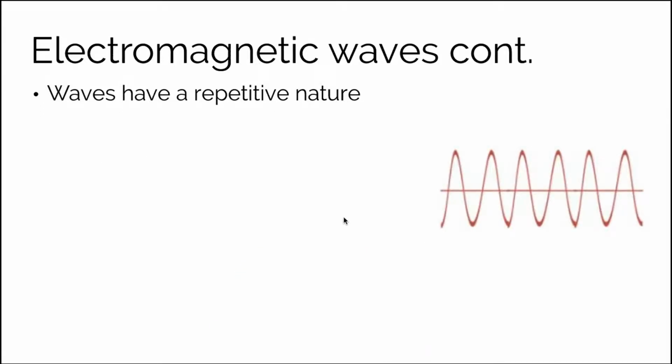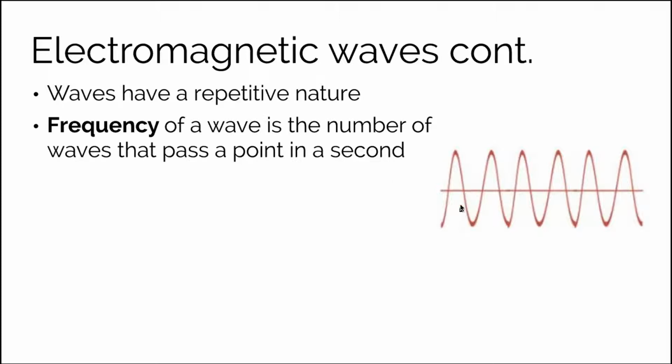All right, now we can compare different waves too. So we've said that they have a repetitive nature. So now notice here the number of waves that I have drawn on this diagram. So here I would have, let's see, that's one wave going from our starting point to the first trough. We can go through another one. This is 2 waves.